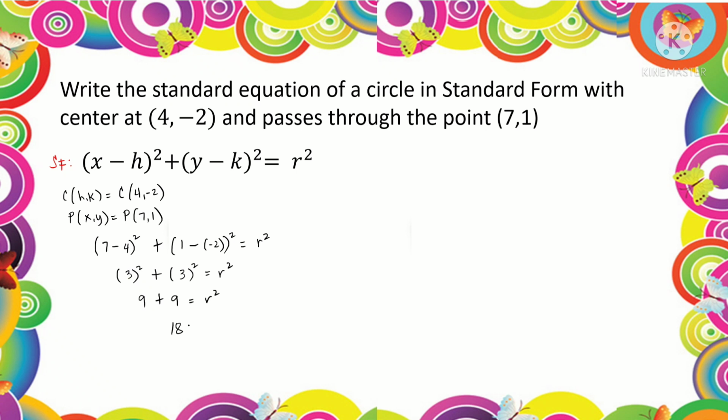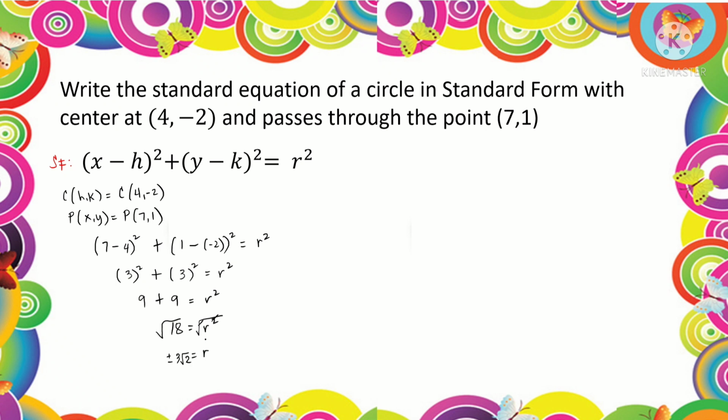And we have 18 equals radius squared. Our radius is equal to, if we take the square root of both sides, we can cancel the square, r only. And we will have here positive, negative, 9 times 2, so we have 3 square root of 2.